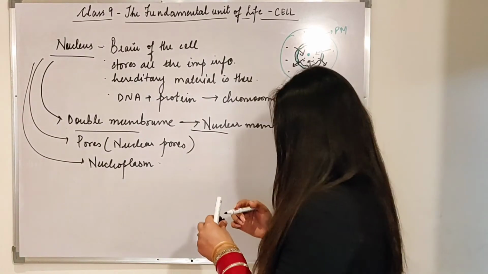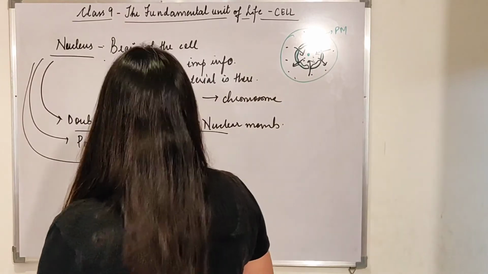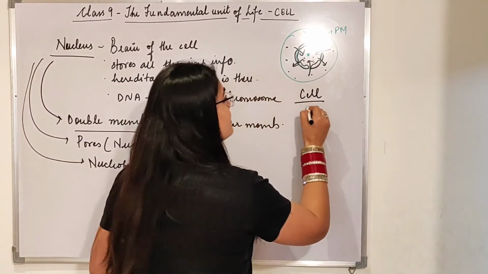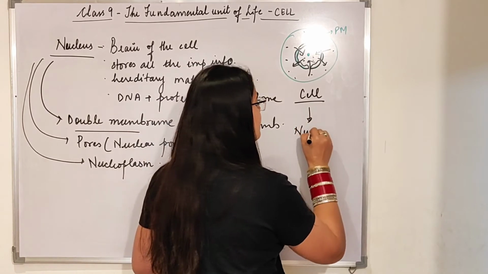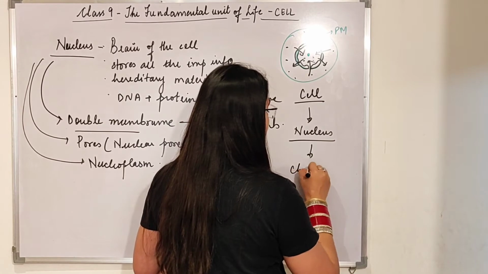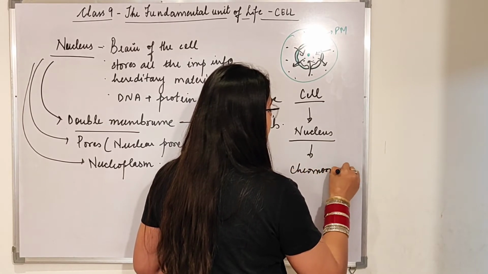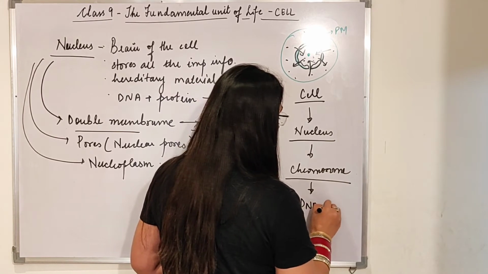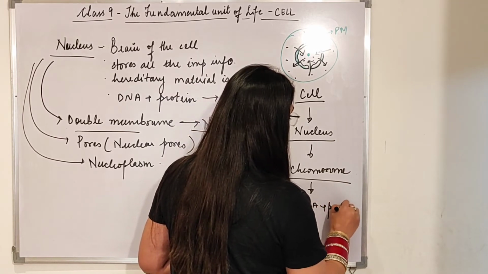Then the nucleus has, beta, chromosome. Let me draw a flow chart for you. Inside the cell, what is there, beta? Nucleus. So the nucleus has chromosome. Inside the chromosome it has DNA plus protein. So DNA is what, beta?